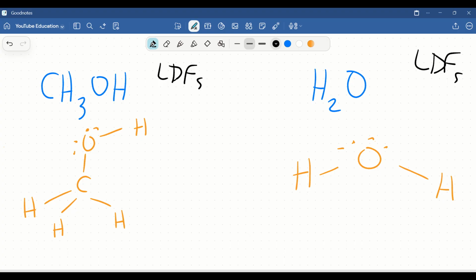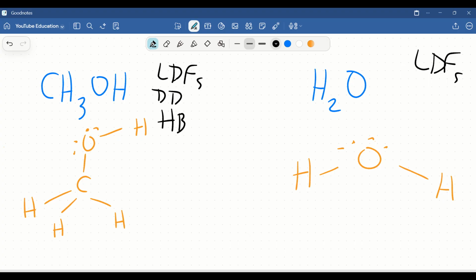So we definitely have hydrogen bonding, and since there's that polar region, we have dipole-dipole. That polar region being the OH component. Notice that this OH is not a hydroxide ion. It is not ionic. There is no metal or polyatomic ions. It is a covalent bond, so it is not ionic.